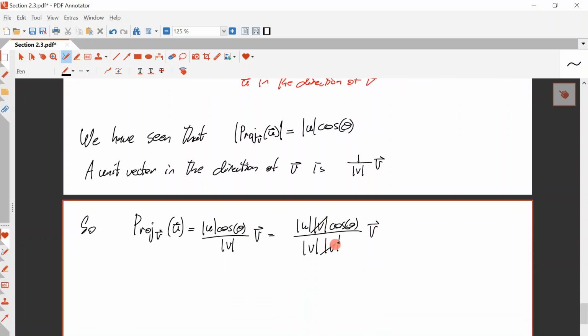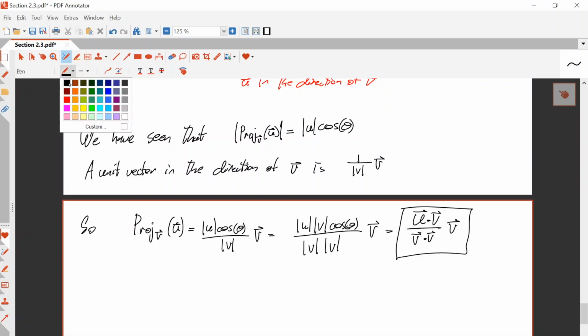I just uncanceled one factor of length v like that. And the reason why I did that is because now this is just the dot product, that's u dot v. And length of v times the length of v is actually v dot v, times v itself. So that is a nice little formula for the projection of u into the direction of v.